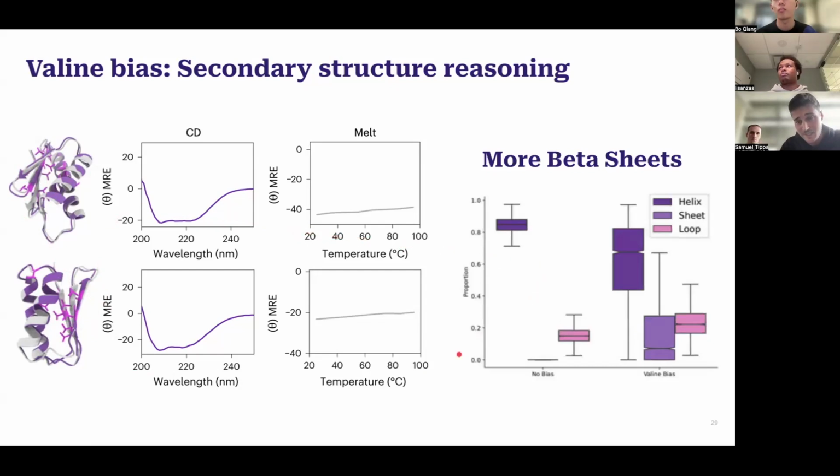And when we take a bunch of samples from the model, either unconditionally here on the left with no bias, we see that they're mostly all alpha helical with not really any beta sheet content. And when we add this valine bias, we see a significant increase in beta sheet content, suggesting that, again, it's able to reason about these structural properties that arise from sequence.